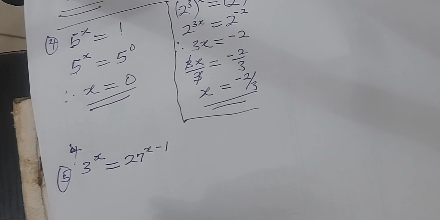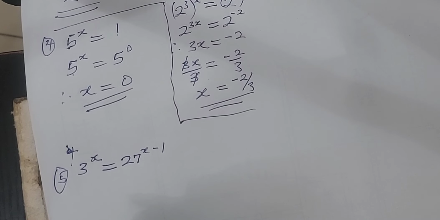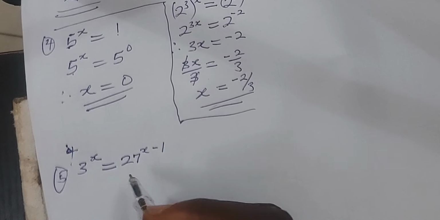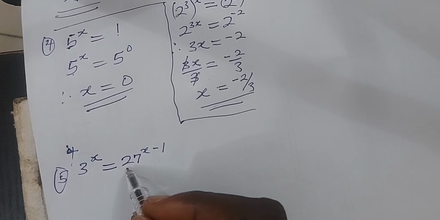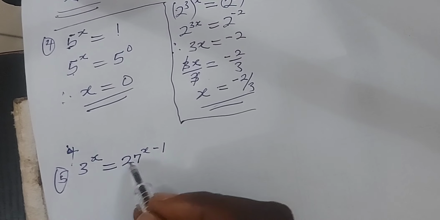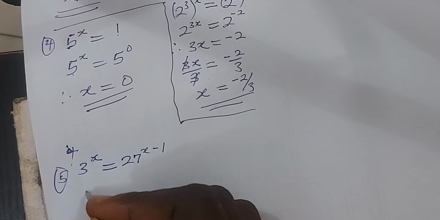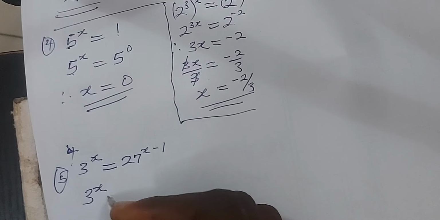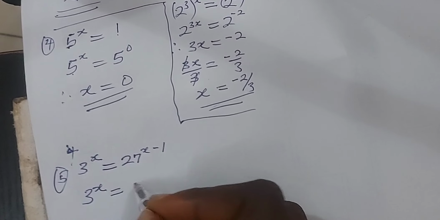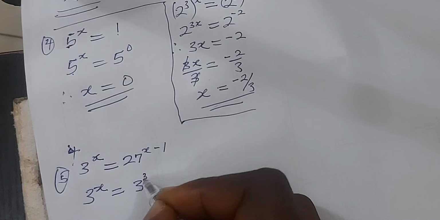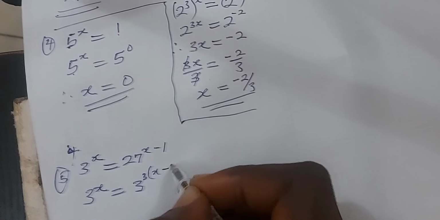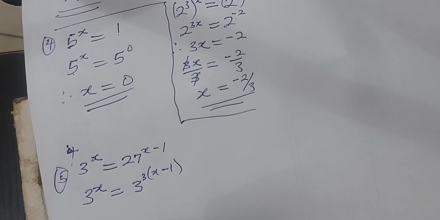When you have something like this, you find 3 raised to the power of a number that will give you 27, which is 3 here, because 3 raised to the power of 3 is 27. So that solves the whole problem.